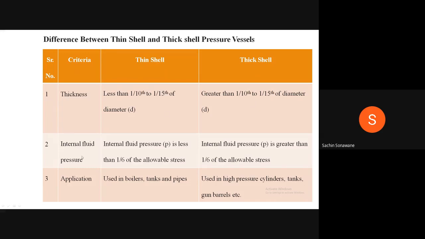Then second, internal fluid pressure. Internal fluid pressure P is less than 1/6 of the allowable stress. Internal fluid pressure P is greater than 1/6 of the allowable stress. Then application: used in boilers, tanks and pipes. Used in high pressure cylinders, tanks, gun barrels, etc.